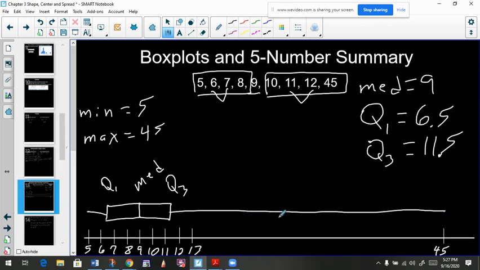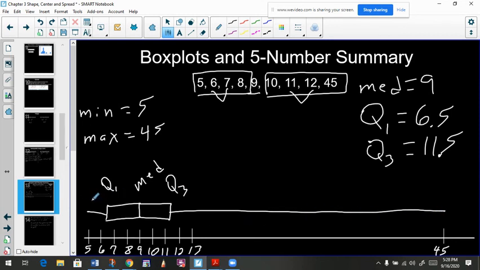Now, by looking at the box plot, we don't know if we have any numbers that are, I don't know, 20, 23, 35, 37, and so on. It just tells you that from quartile 3 to the maximum value, you have to go from 11.5 to 45.